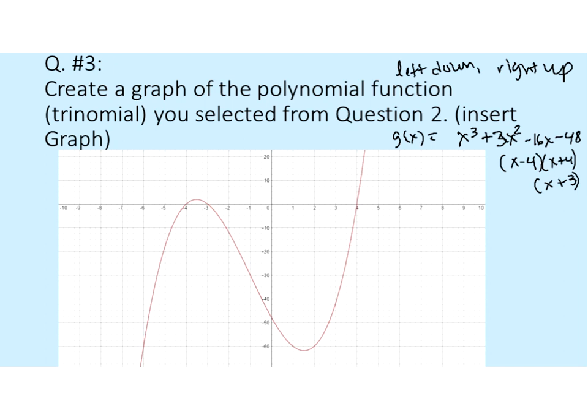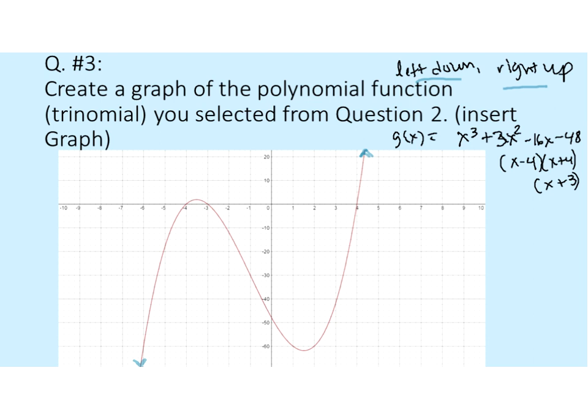Because most of us are visual learners, when you see this graph, you can see this is left down, and this is right up. I would feel much better if when we graph this, we could see this, because this goes on forever. That's what the end behavior is.